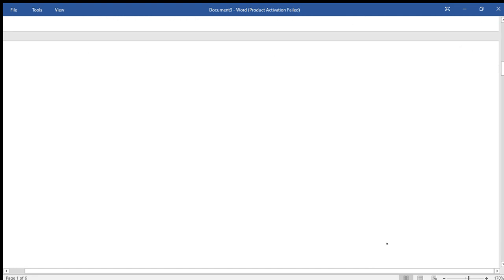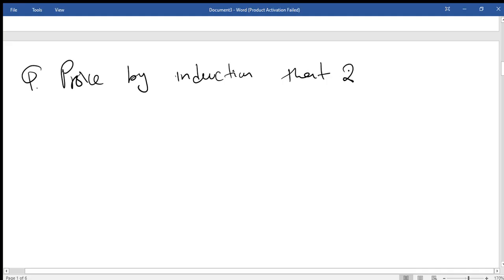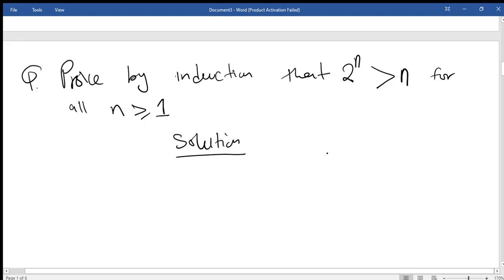With this question, we're going to say: prove by induction that 2 power n is greater than n for all n greater than or equal to 1. This is what we want to prove.